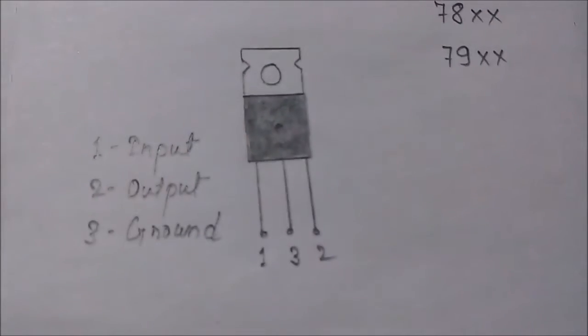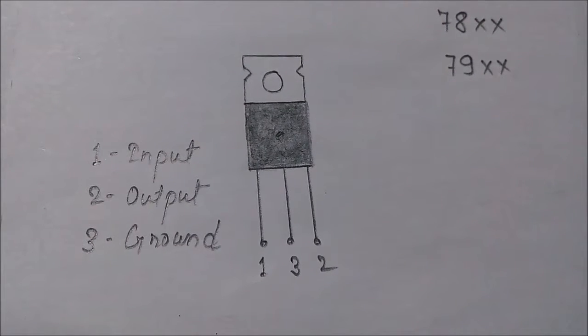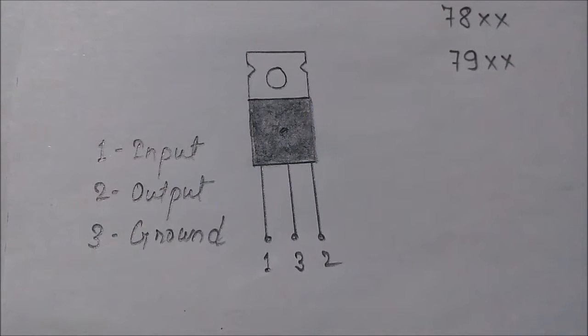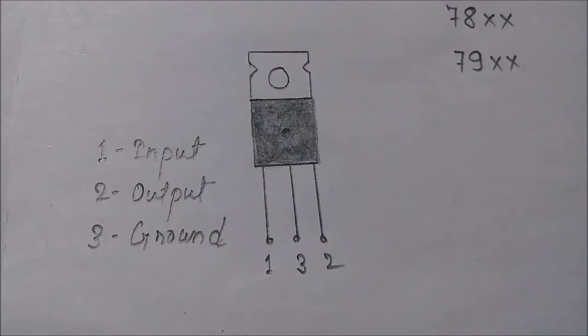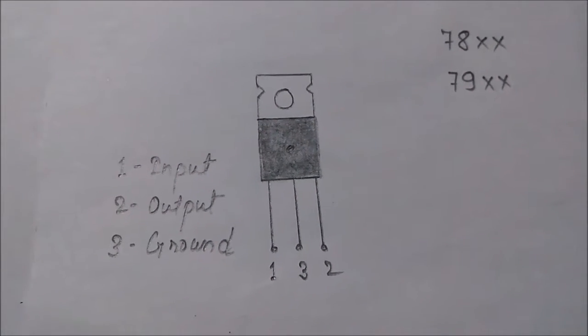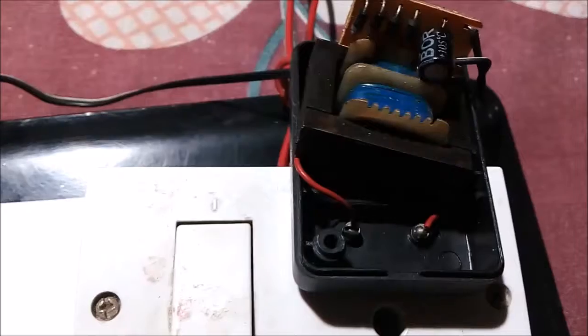This is the symbol of the voltage regulator. A voltage regulator helps to provide a constant DC voltage at the output of the circuit. But as you see in the AC adapter, there is no voltage regulator, so it will not provide a constant DC voltage. Let me show with the help of a multimeter.